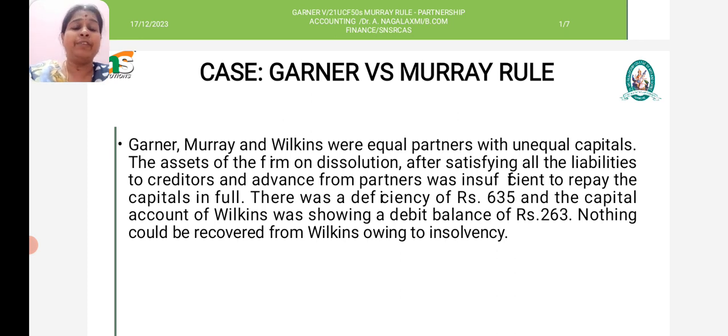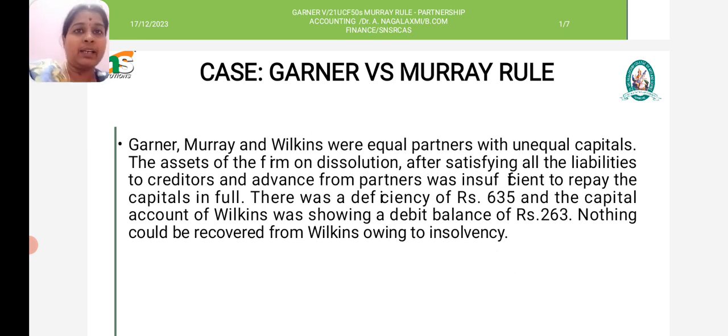There was a deficiency of rupees 635 and the capital account of Wilkins was showing a debit balance of rupees 263. Nothing could be recovered from Wilkins owing to insolvency. So this is a case.